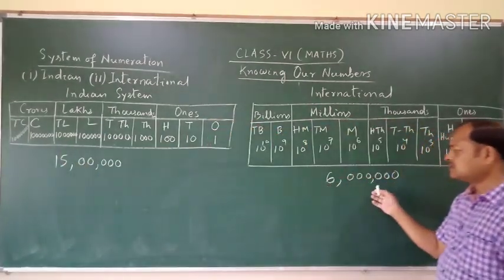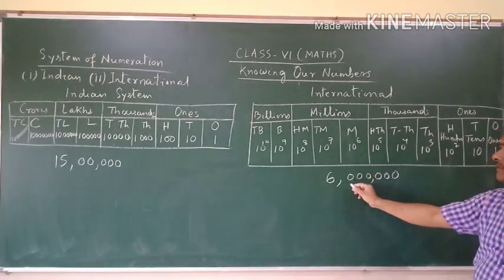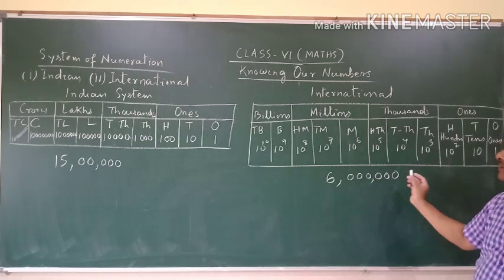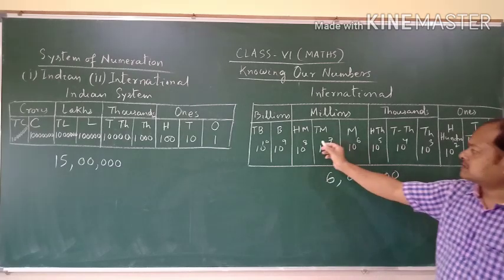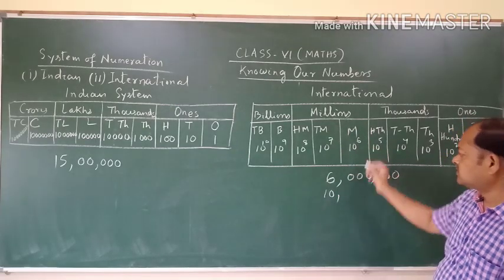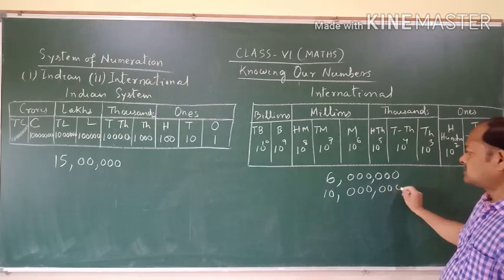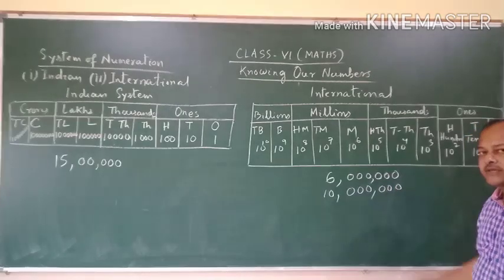But in the international system, 3 places, then comma, then 3 places, then comma, like this. So 6 million has 6 zeros. Now for example, here I am writing 10 million. 10 million has 7 zeros. 1 2 3 comma 4 5 6, like this, 10 million.